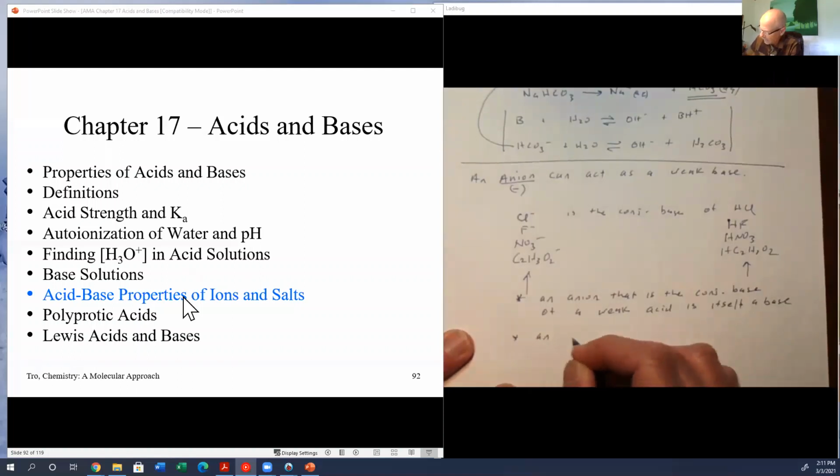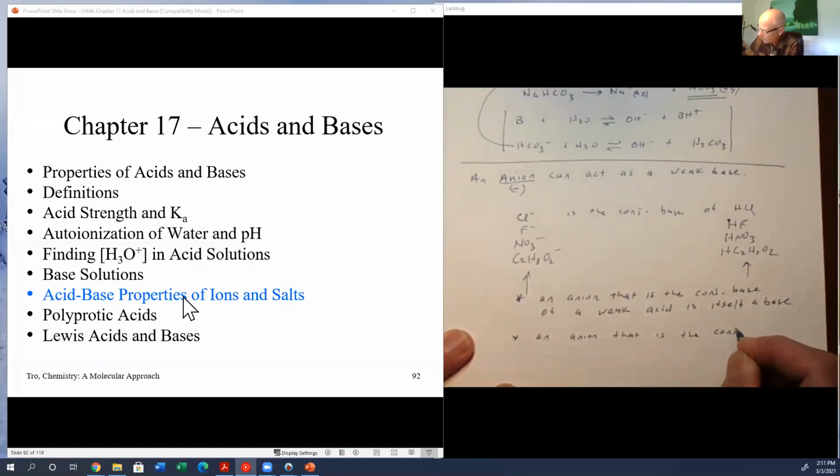But an anion that is the conjugate base of a strong acid is pH neutral. All right.